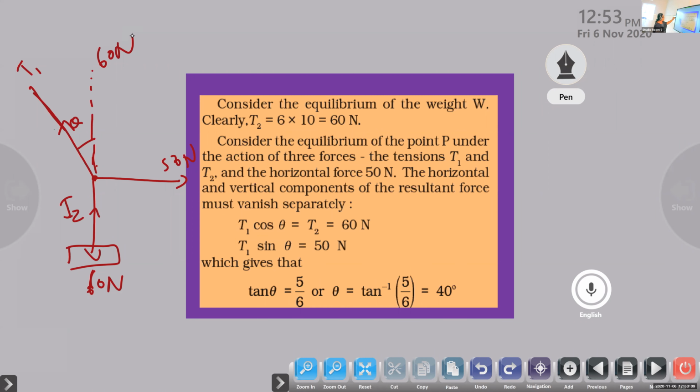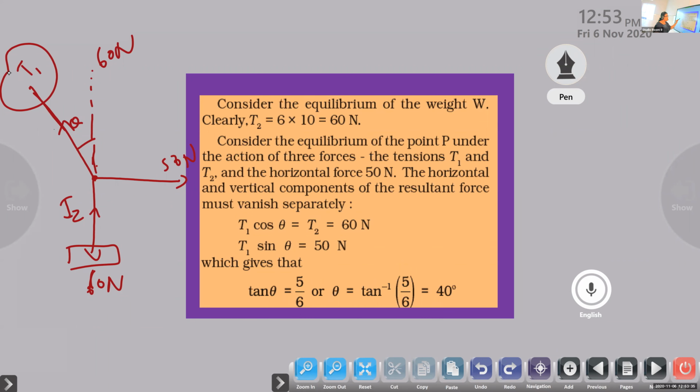We have to find out the rope making an angle theta with this direction. So in order to get theta, we have to consider this tension T1 resolving into two components. One is y component, another one is x component. So y component is not given, x component is given.